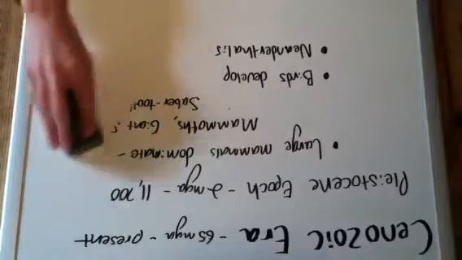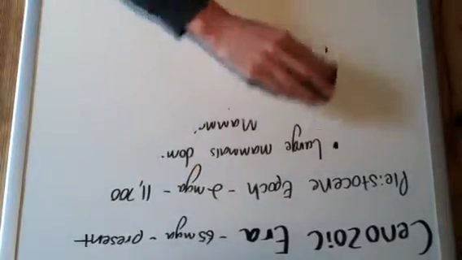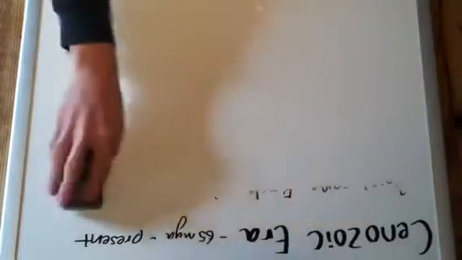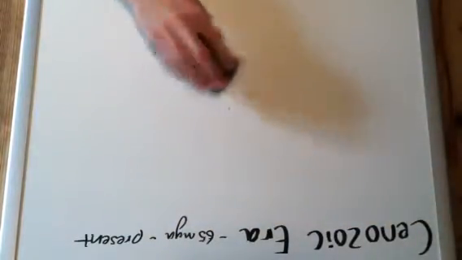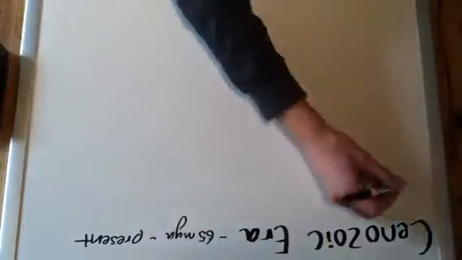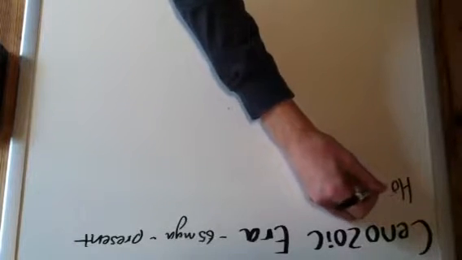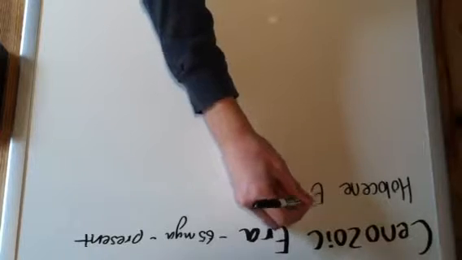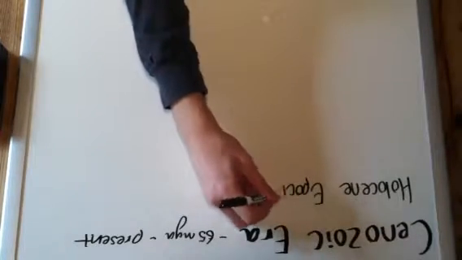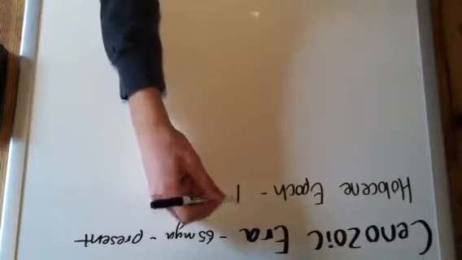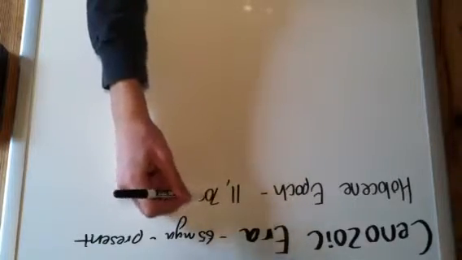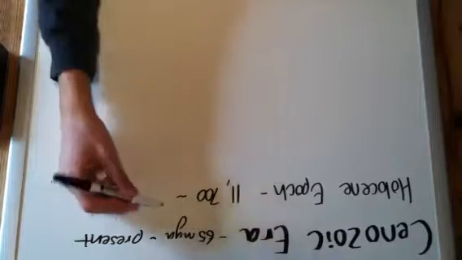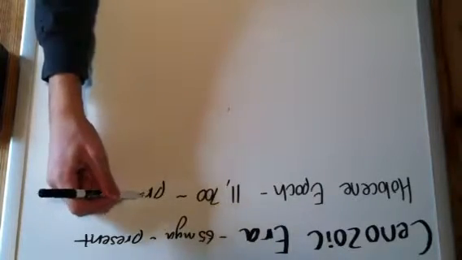But good to know. And that finally brings us up to the Holocene epoch, which, if this is the final one, ranges from, as we said, 11,700 years ago to present day.